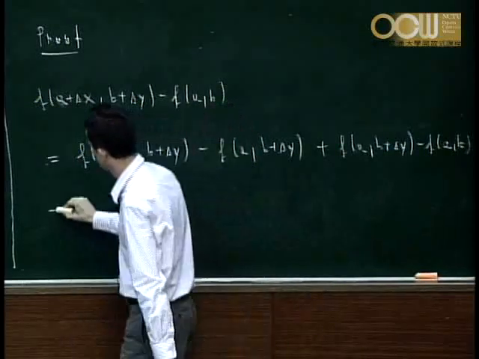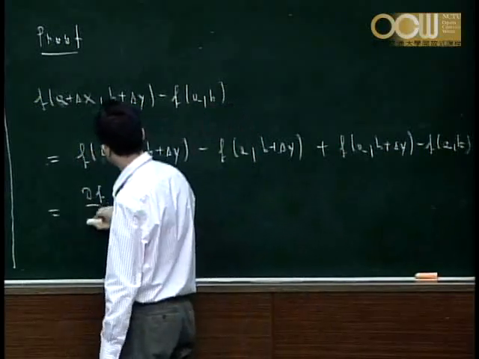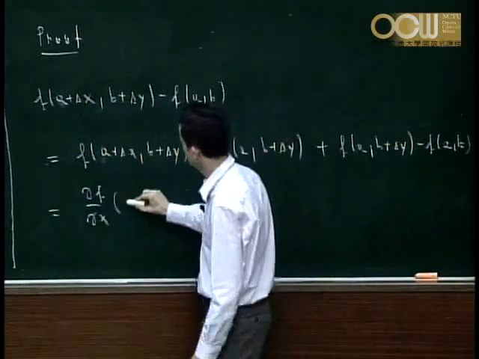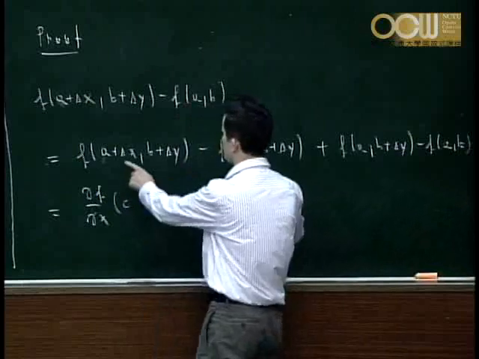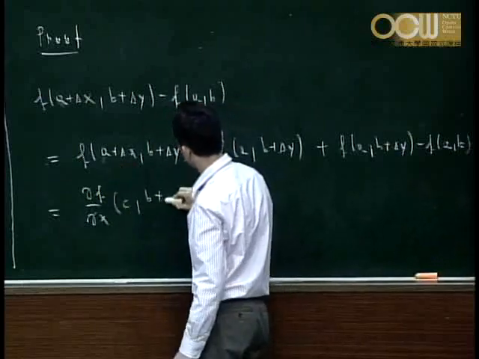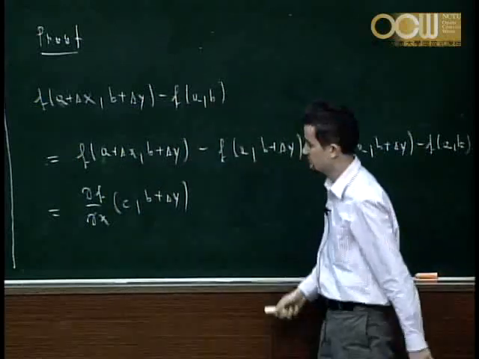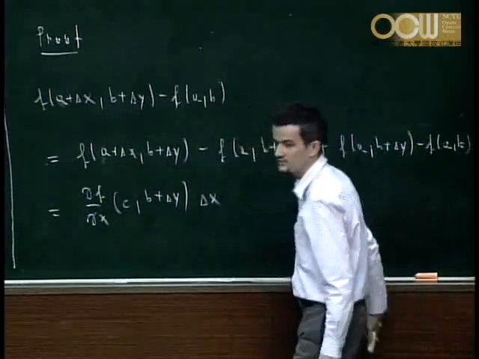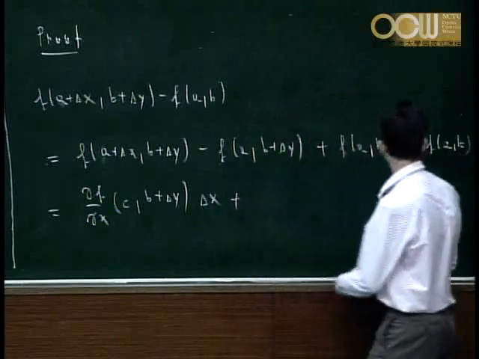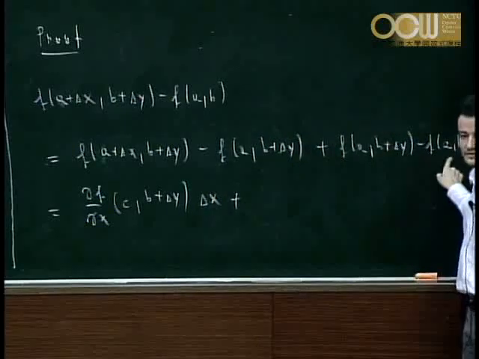So what you get is, you take the derivative with respect to the first coordinate, and then you have some point, call it c, which is between a and a plus delta x. And this one is fixed anyway, times delta x. This is what you get from the mean value theorem. And here the same, but the first coordinate is fixed and the second is changing.